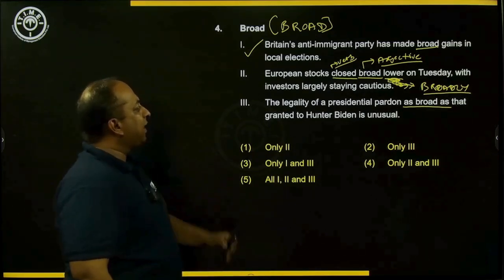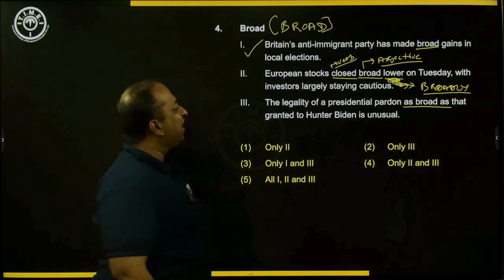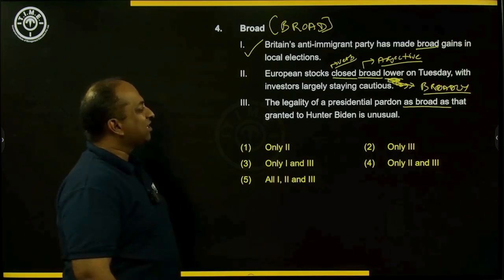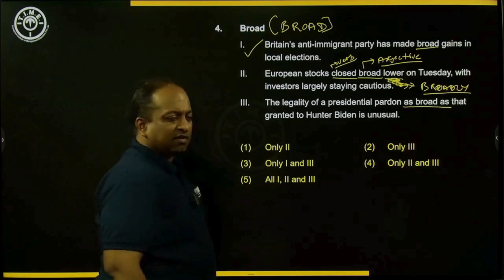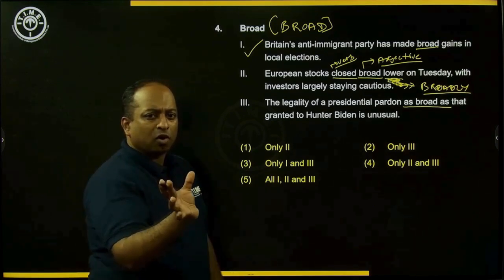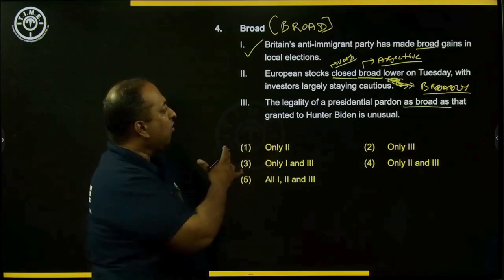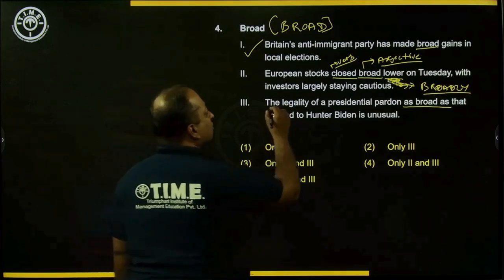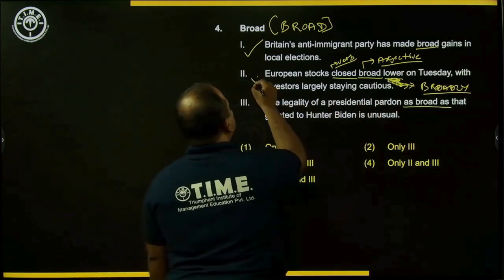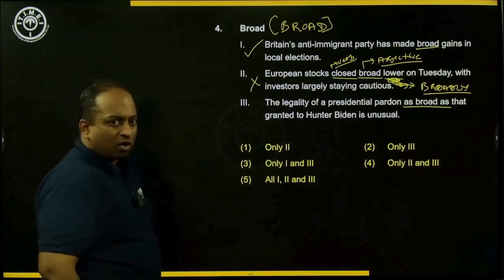If the statement read, European stocks closed broadly lower on Tuesday, with investors largely staying cautious, then it would be right, because the word closed is a verb and broadly qualifies how it closed. So this statement in its current form, using the word broad, is wrong.